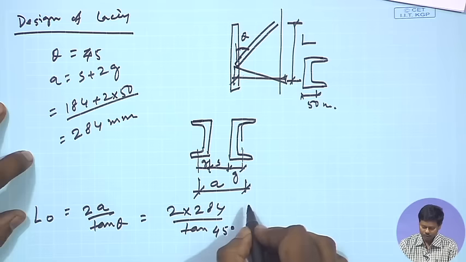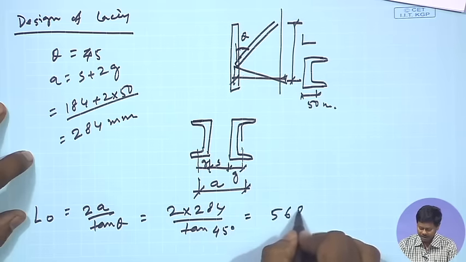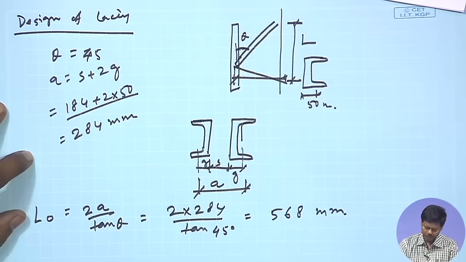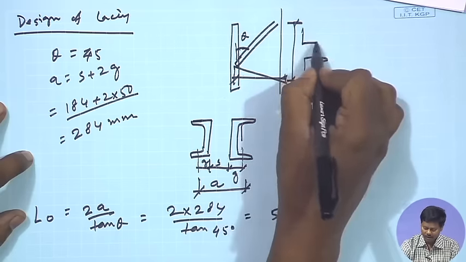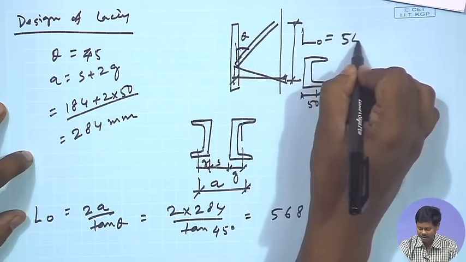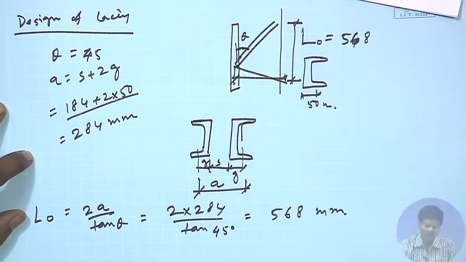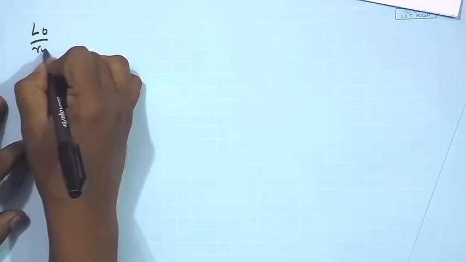So this is becoming 568 millimeter. So L0, the spacing between two lacing, has now been decided as 568 millimeter. Right. So once this is done, we can find out L0 by ryy.